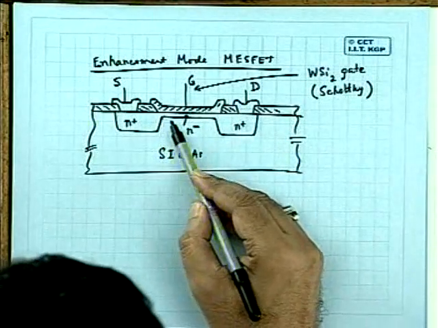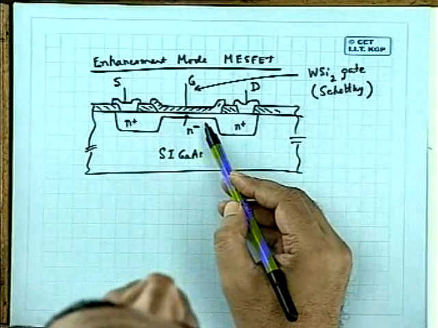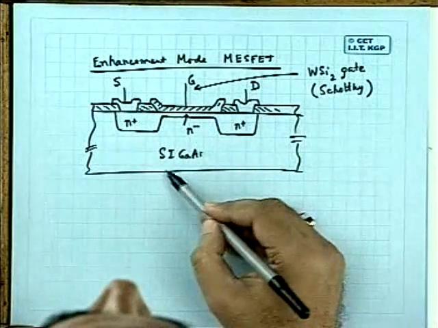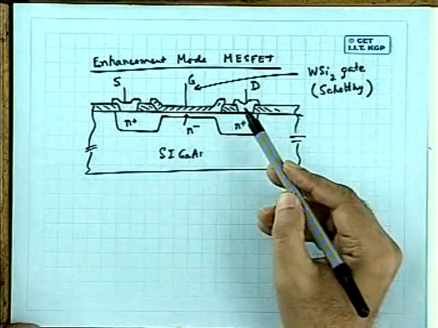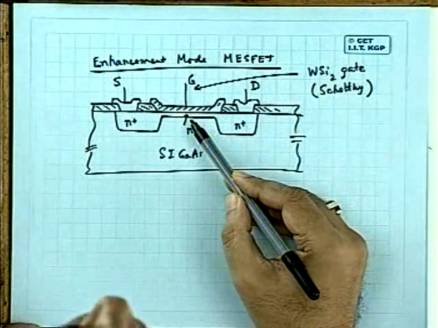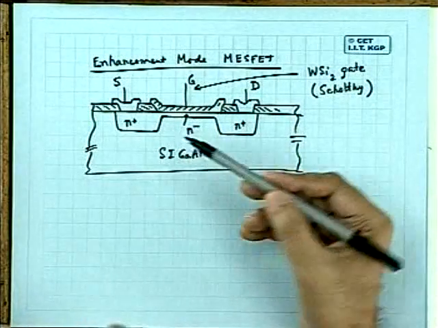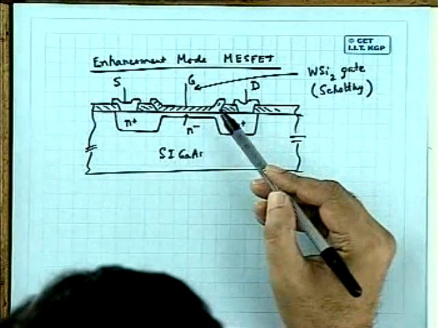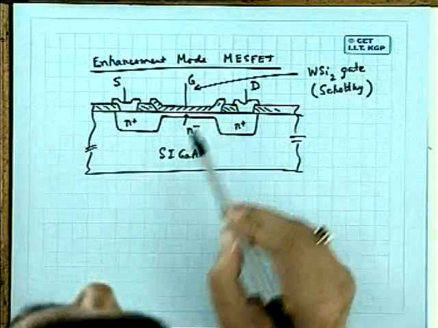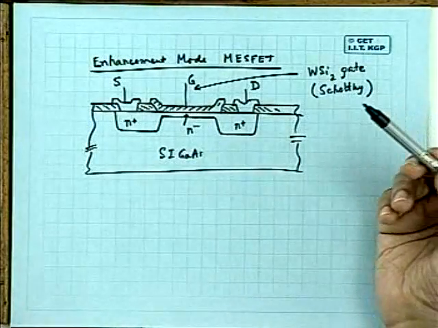But here, this region has very low doping. This is semi-insulating gallium arsenide. It should have relatively low doping. Thickness should be very precisely controlled, maybe 1000 angstrom, 2000 angstrom. Then you have a Schottky gate here. Here also the same thing.